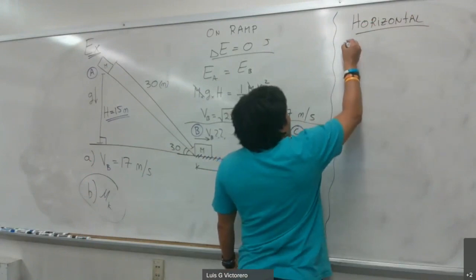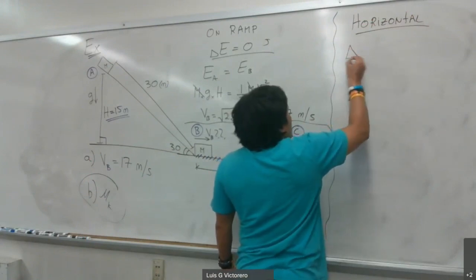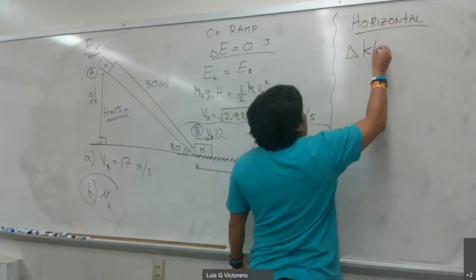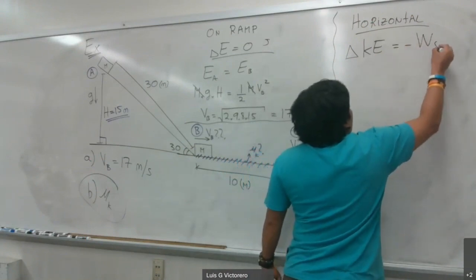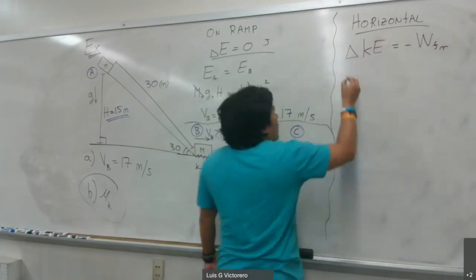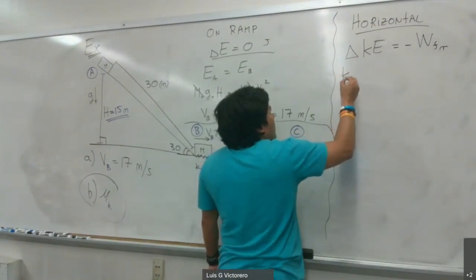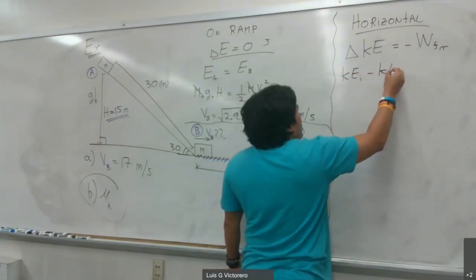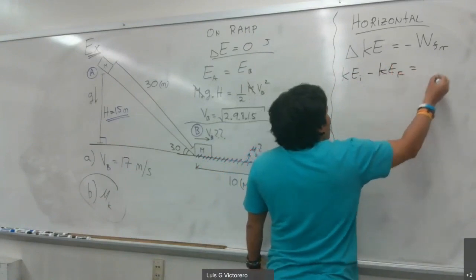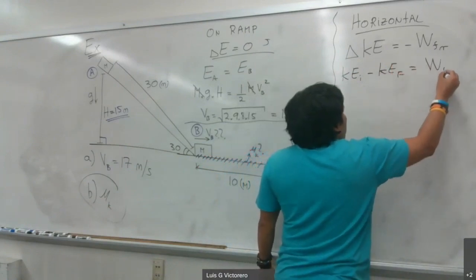So the change of kinetic energy, horizontally, is equal to minus the work done by friction, or kinetic energy initial minus kinetic energy final is equal to the work done by friction.